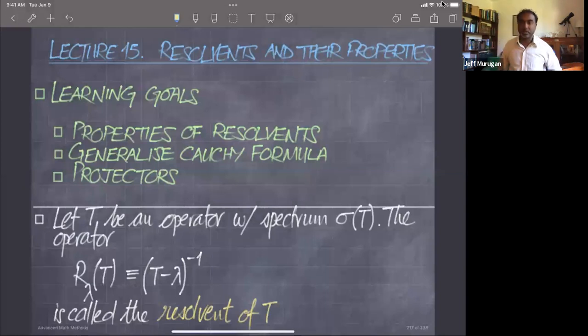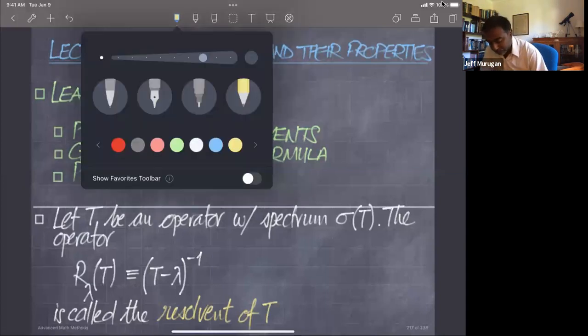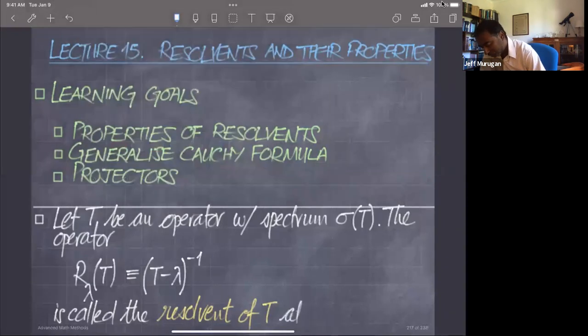But because we're dealing with matrices and operators, we don't talk about 1 over, we talk about the inverse. So T minus lambda inverse. This is the resolvent of T at lambda. And key in this definition is that lambda cannot be in the spectrum of T.